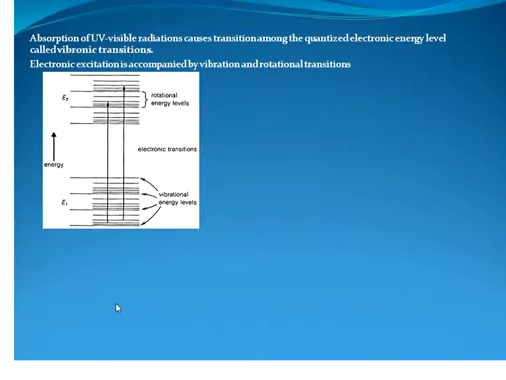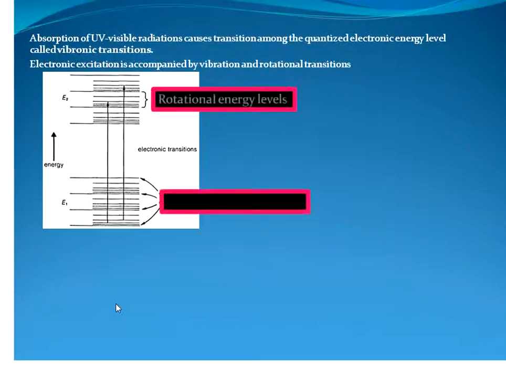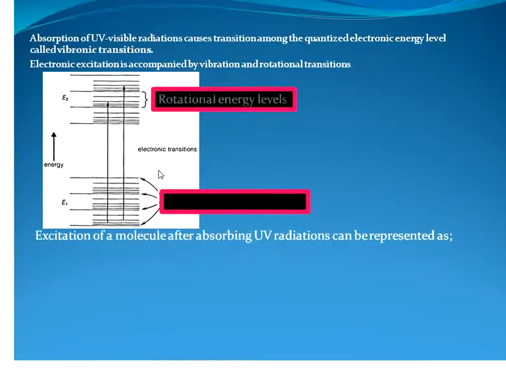That is what we mean: the electronic excitation is accompanied by the rotational energy plus the vibrational energy. The vibrational energy levels are the larger gaps we are seeing here, and the rotational energy levels are the small gaps in between the vibrational energy levels.